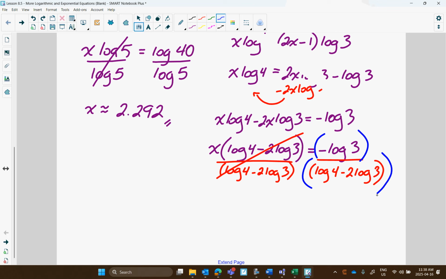So what I would do is I would open up a set of parentheses and then put negative log 3. Notice when I hit the log, it opened up another set of parentheses, so that means I got to close them twice.